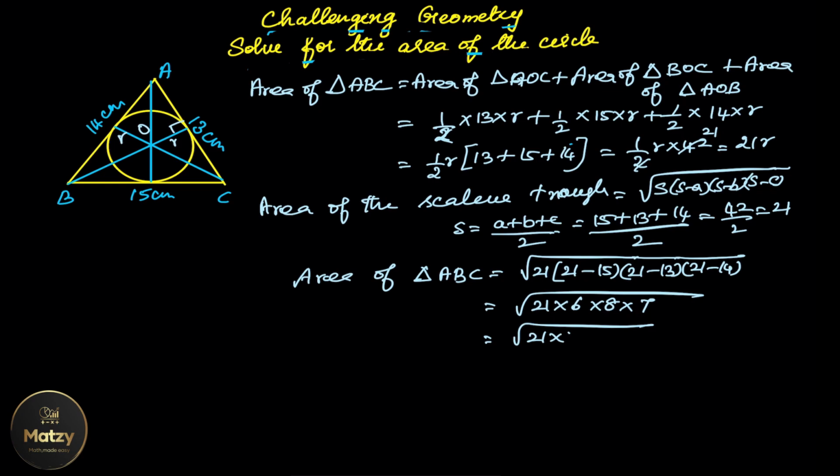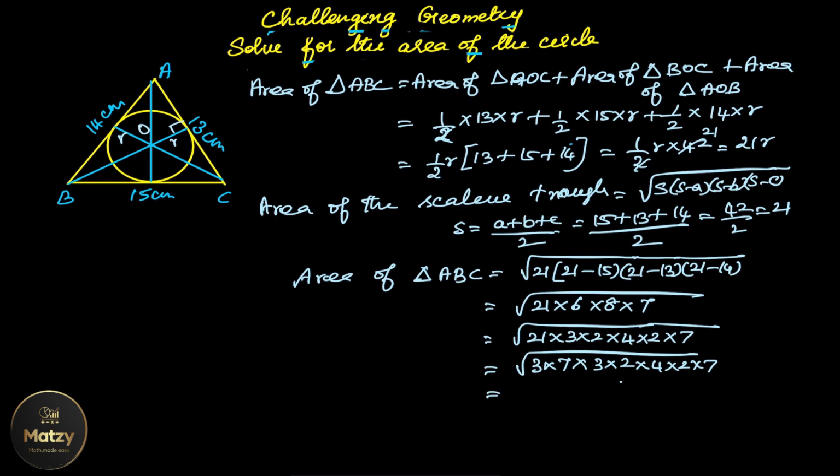Okay, this we can split as 3 into 2, 6, 4 into 2, into 7. So what is that? 3 into 7. Then 3 into 2, 4 into 2 into 7.